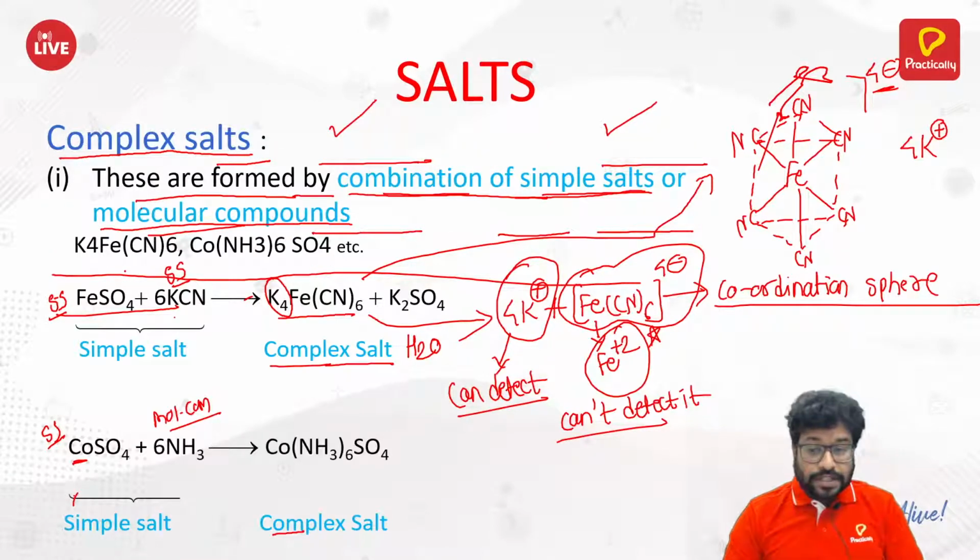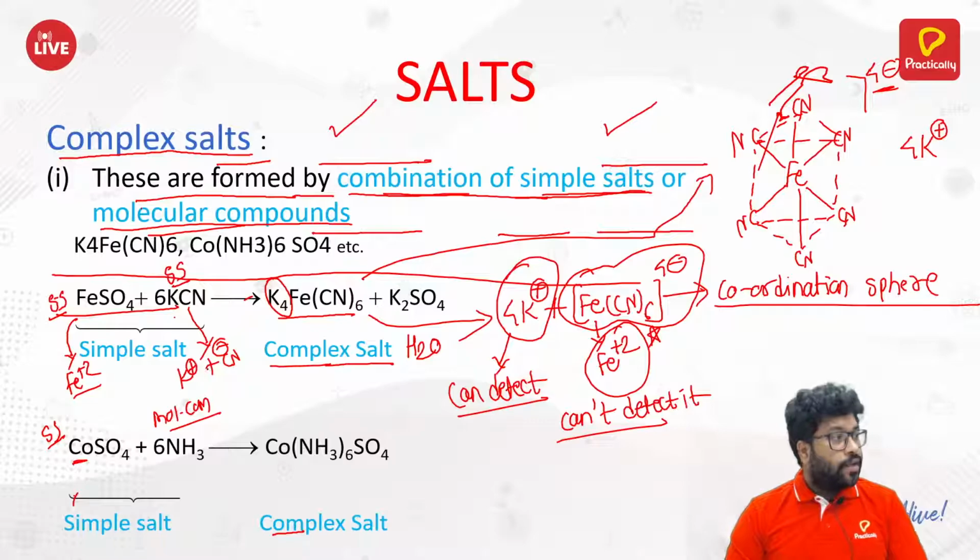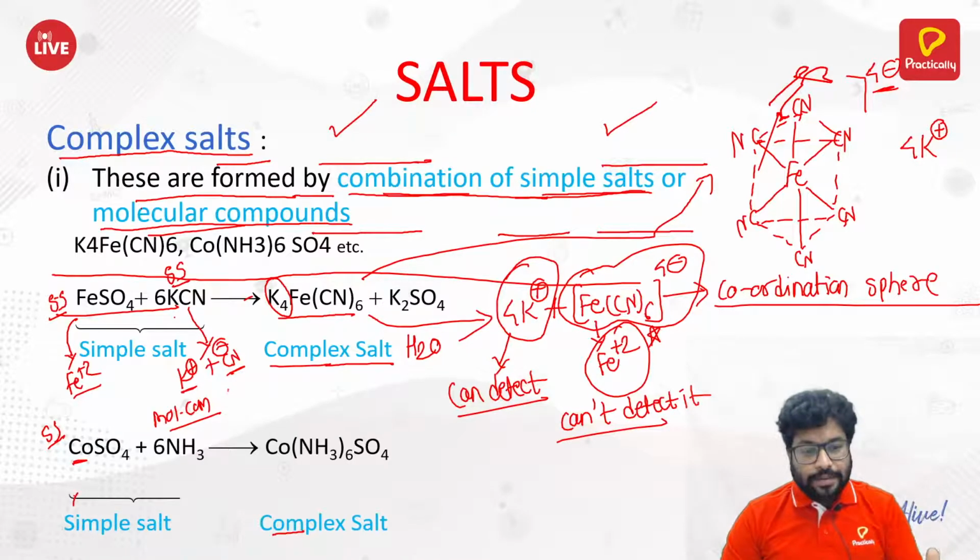That is what I was saying. Your iron was Fe2 plus here, and KCN was K plus and CN minus. So here you can check the test for CN minus, K plus, and for Fe2 plus.